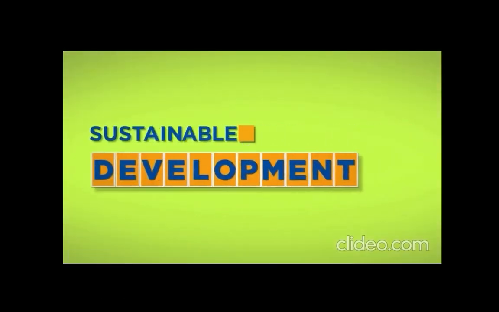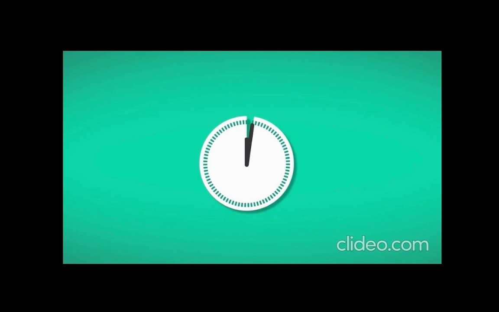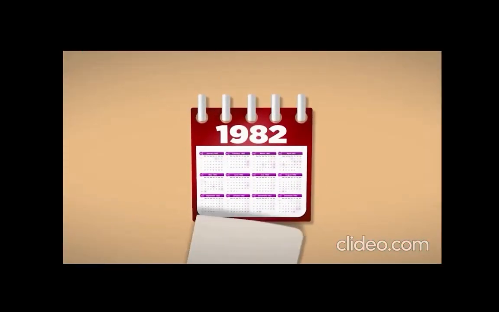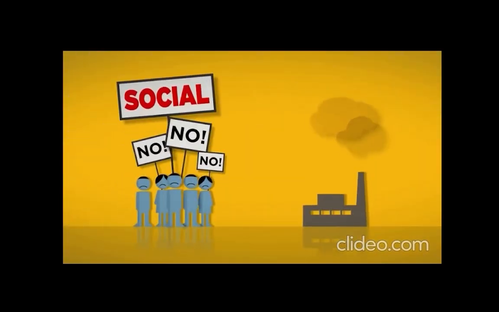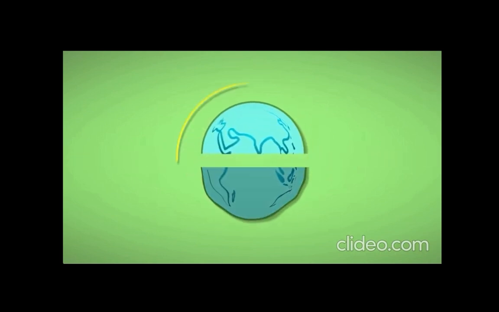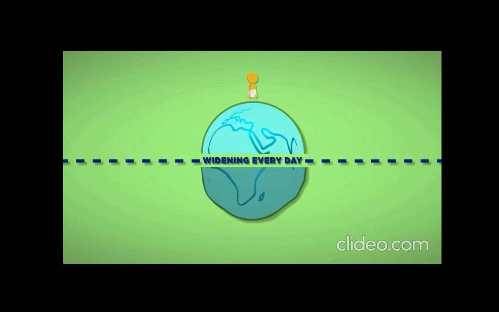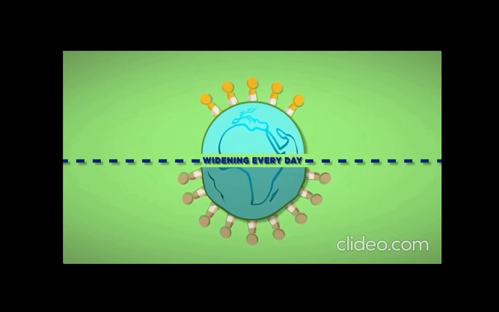Sustainable development. Everybody's talking about it. But what do those two words really mean? Let's take a couple of minutes to see what sustainable development is all about. The idea first emerged in the late 1980s as a response to the world's growing social and environmental problems. With globalization, the inequality gap between rich and poor countries is widening every day, and the projections for population growth are alarming.